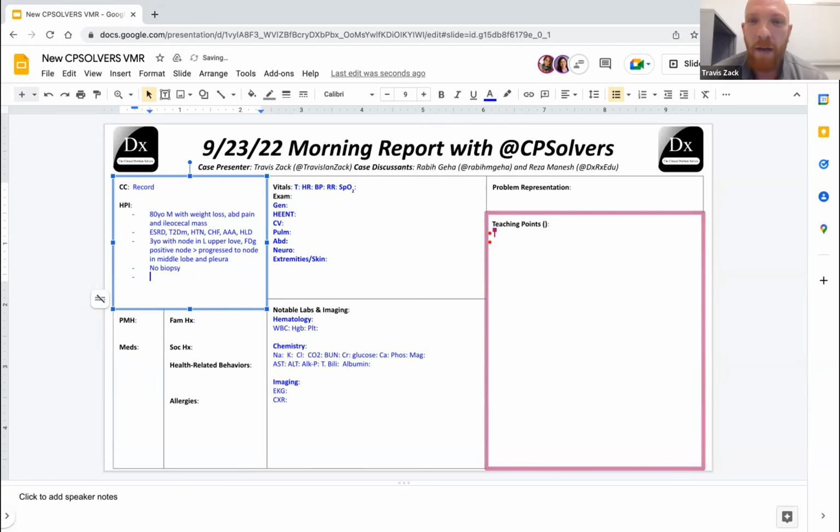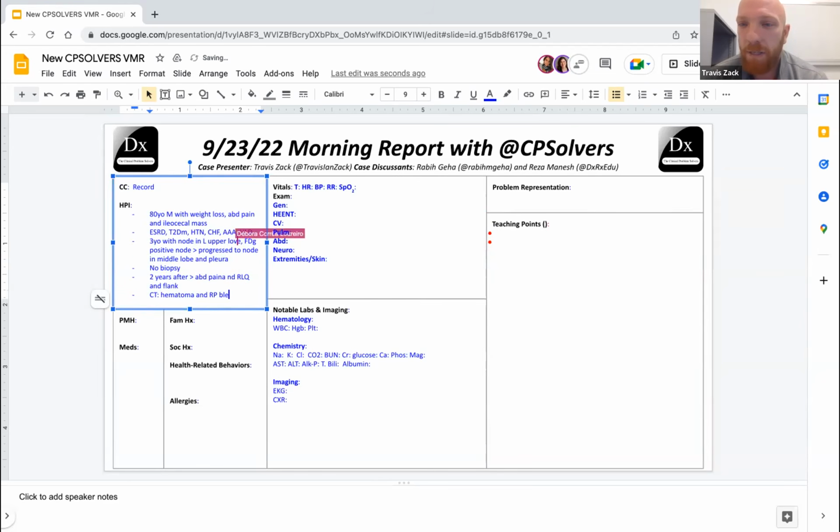Two years subsequent to that, the patient developed severe abdominal pain in the right lower quadrant and right flank. CT on hospital admission, in the emergency room, showed a pararenal hematoma and an RP bleed. The soft tissue mass had increased in size. The bleeding was stopped with embolization, and a colonoscopy showed a fungating mass at the ileocecal valve.